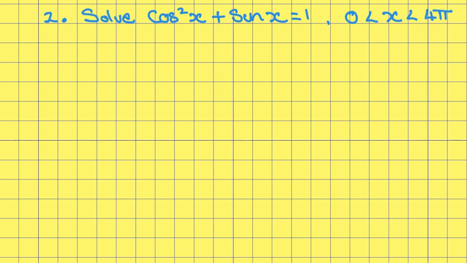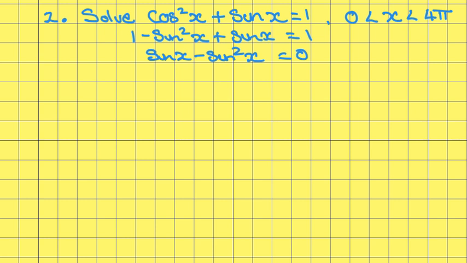So I've got 1 minus sin squared x plus sin x equals 1. Well, the 1s cancel, so what I'm left with is sin x minus sin squared x equals 0.